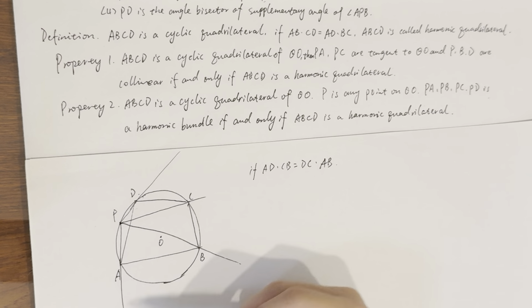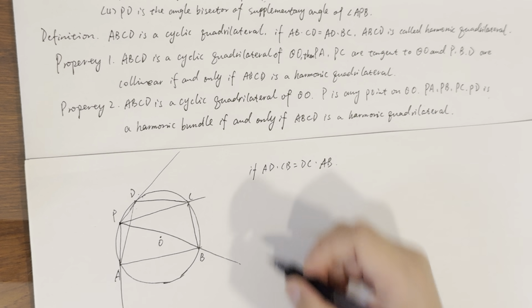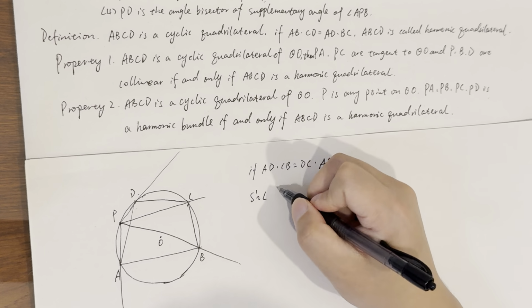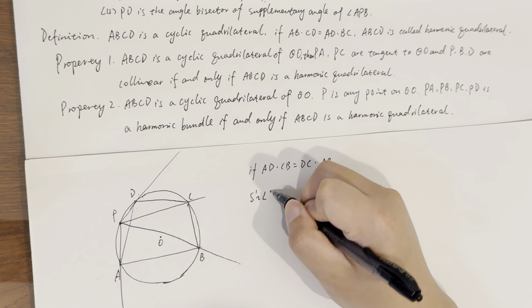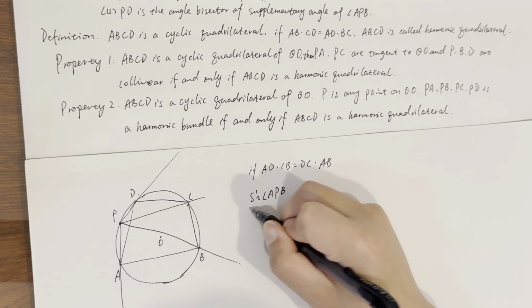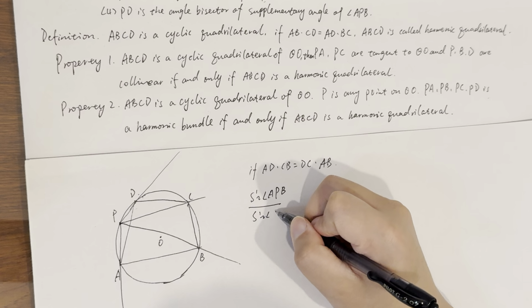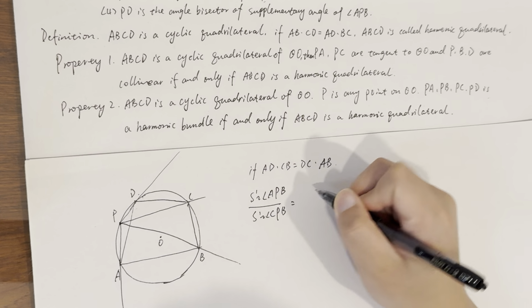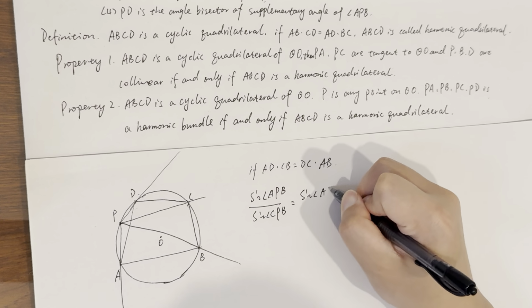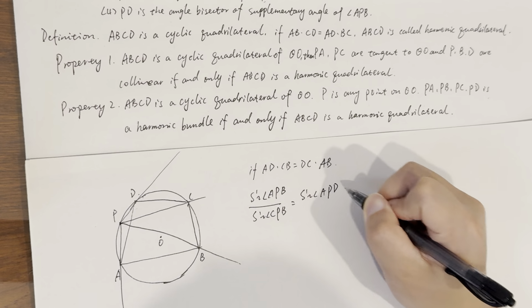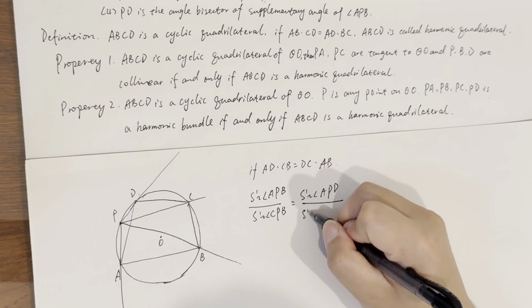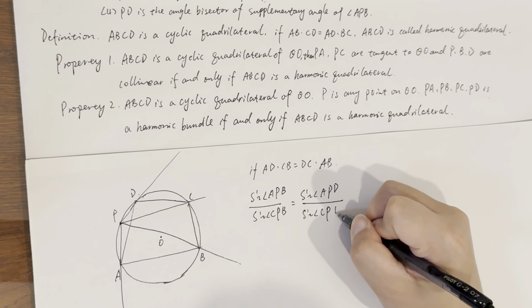So if we want to prove that PA, PB, PC, PD is a harmonic bundle, then we just need to prove that sine angle APB to sine angle CPB equals sine angle APD to sine angle CPD.